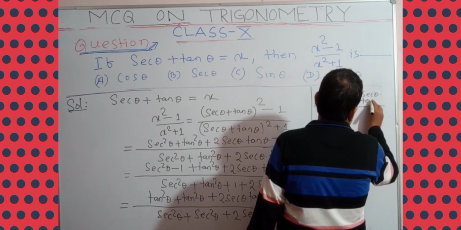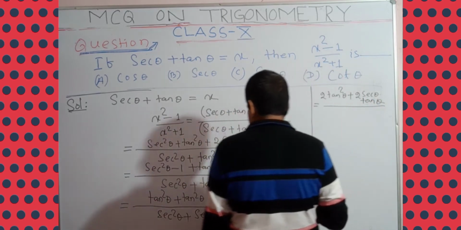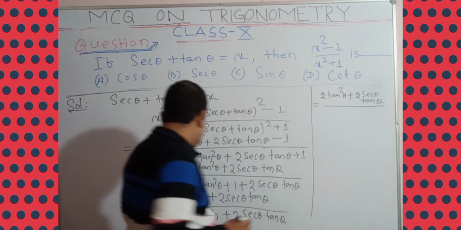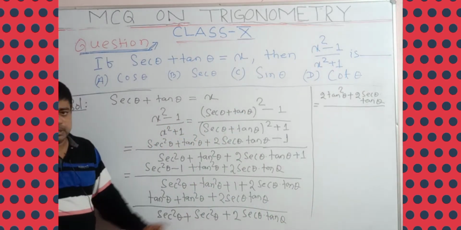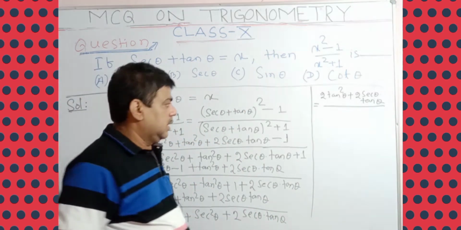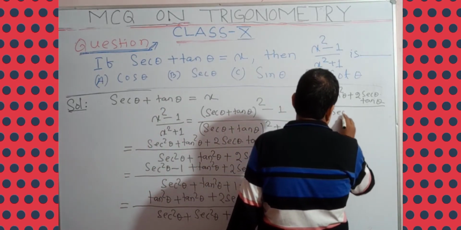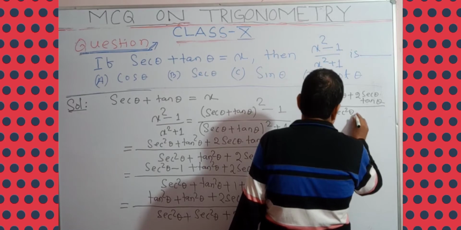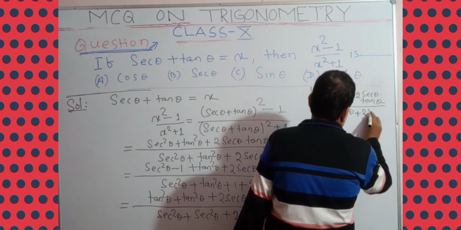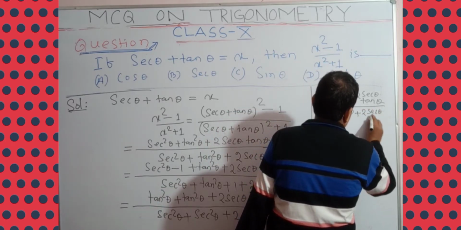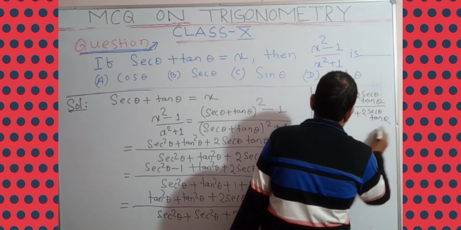Similar process: sec square theta plus sec square theta. You see now, what? 2 sec square theta. Yes or no? Yes. Plus 2 sec theta into tan theta. Understand?